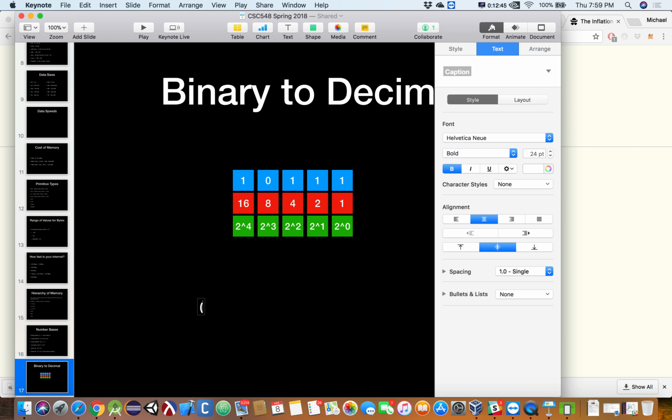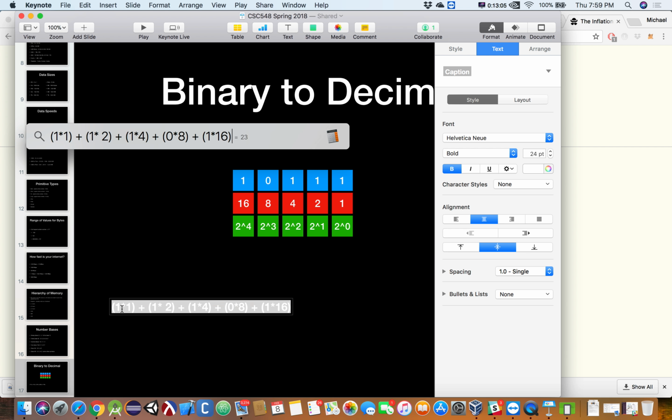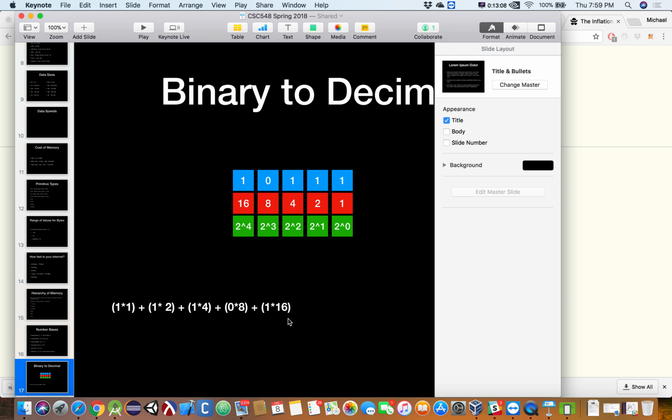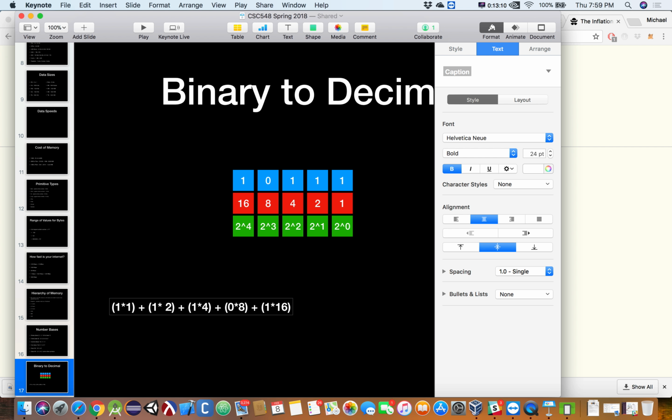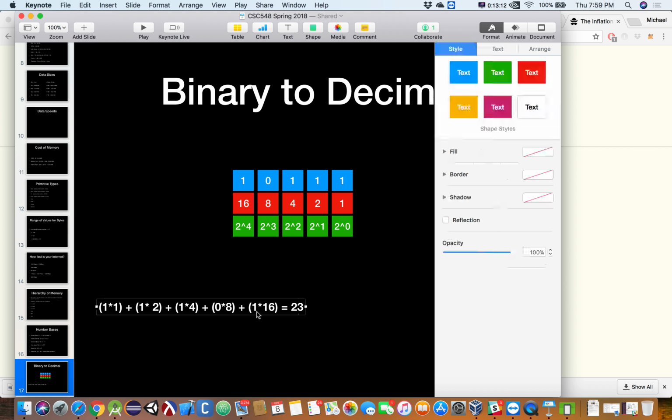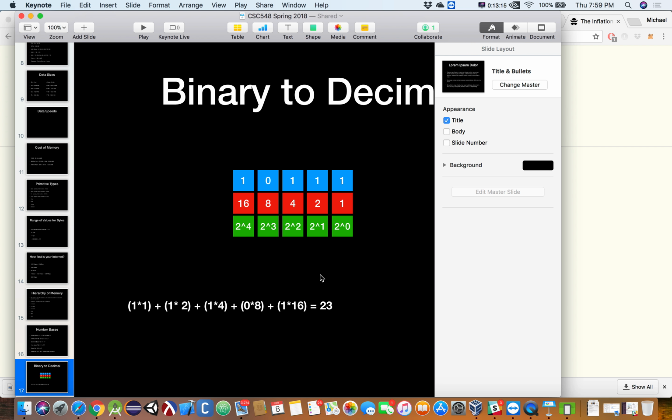So this will be 1 times 1 plus 1 times 2 plus 1 times 4 plus 0 times 8 plus 1 times 16. And that is the number 23. So you add all that up, you get the decimal number 23. Make sense?